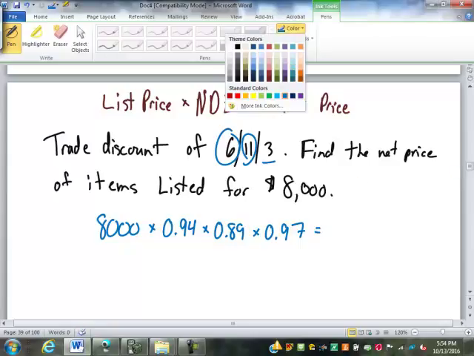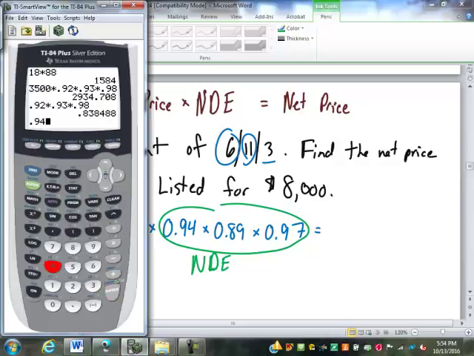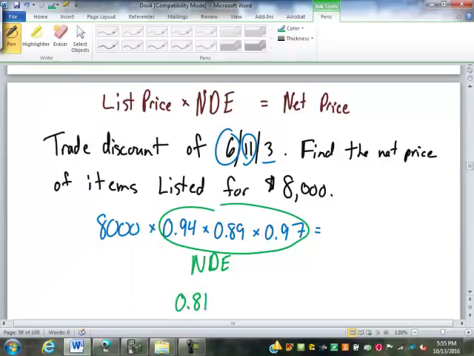But what I'm going to do is, before I multiply that out, I'm going to multiply just these 3 to get my net decimal equivalent. So 0.94 times 0.89 times 0.97. So 0.811502. Have you noticed how I've been rounding that net decimal equivalent?